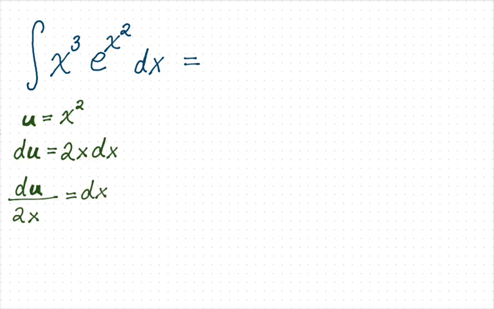So now that means that we get to rewrite this beast as the integral. Sorry, color coding is very important to me for some reason. The integral, I'll leave that x cubed there for now, but the e is going to be to the u now. That x squared becomes a u.